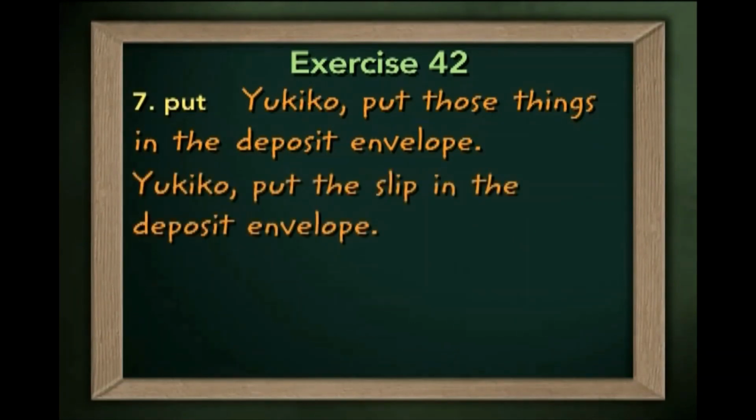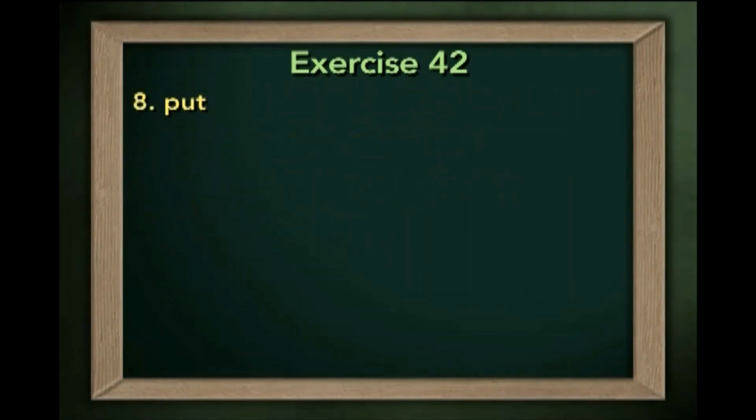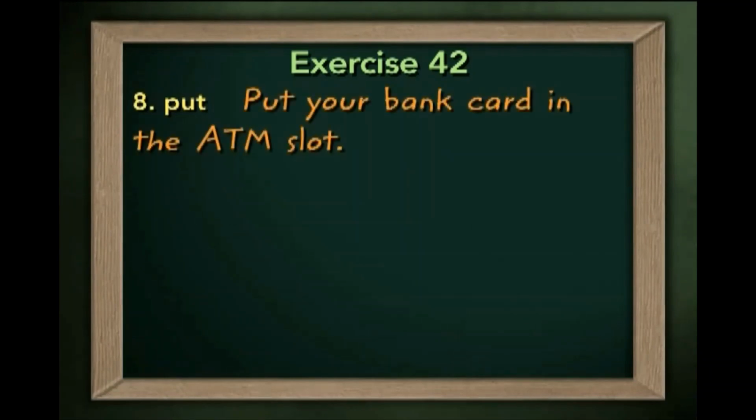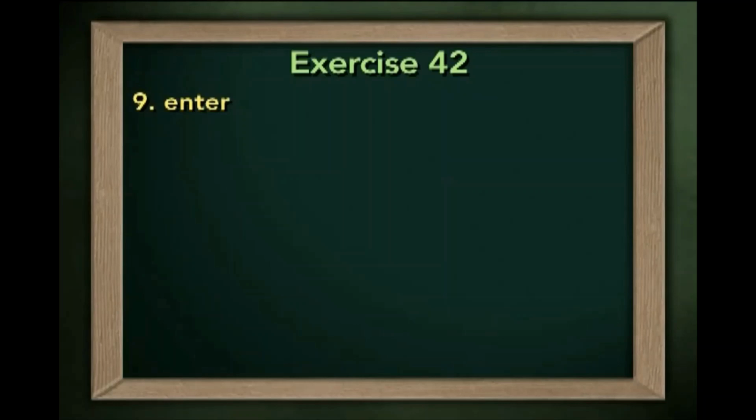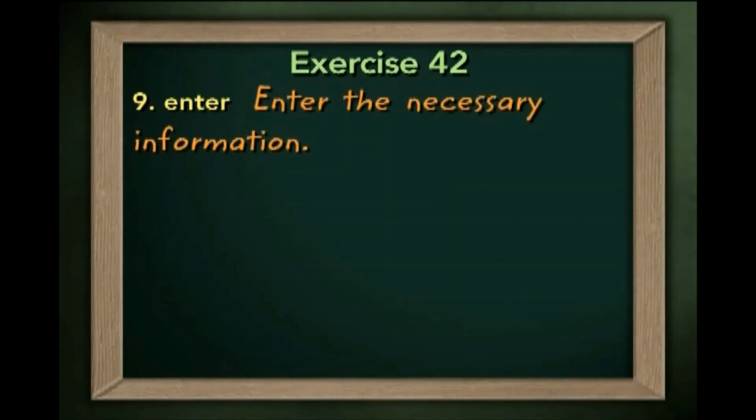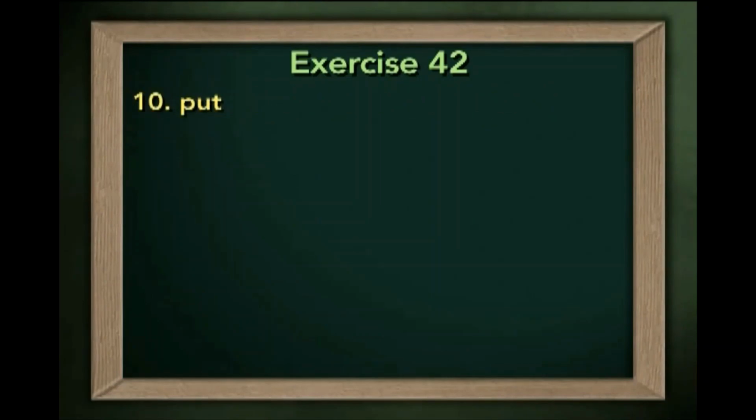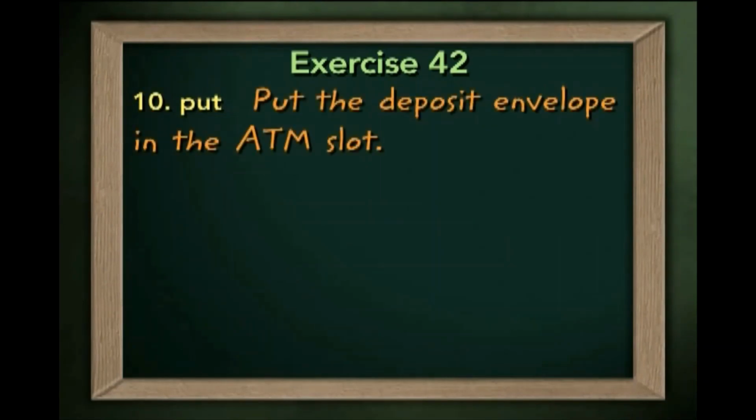Or Yukiko, put the slip in the deposit envelope. You saw put, and you wrote, put your bank card in the ATM slot. And then enter, you wrote, enter the necessary information. And you saw put again and wrote, put the deposit envelope in the ATM slot, or something like that. Very good job.